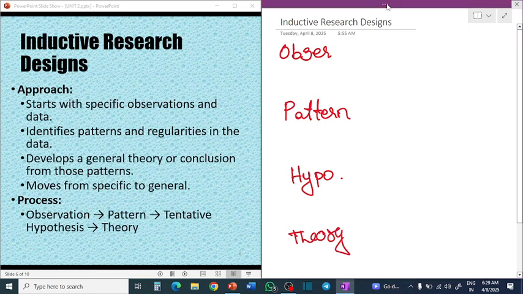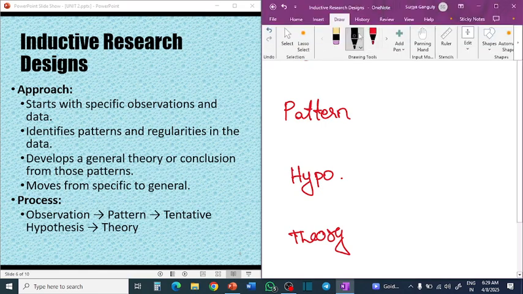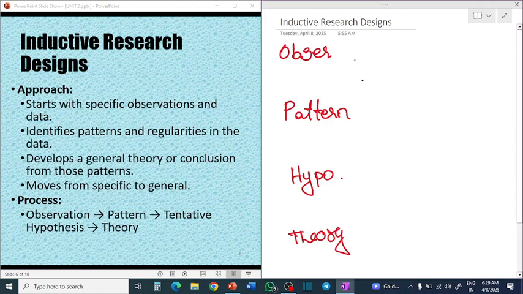So let us also understand this with an example. Suppose you have a cat in your home and the cat's name is Tom. So you have made an observation that Tom likes milk.